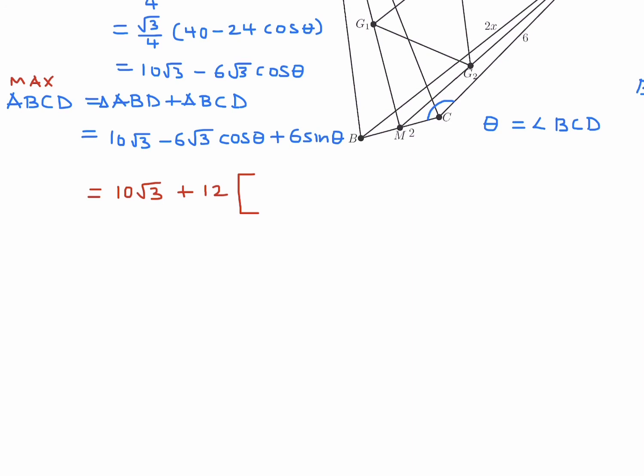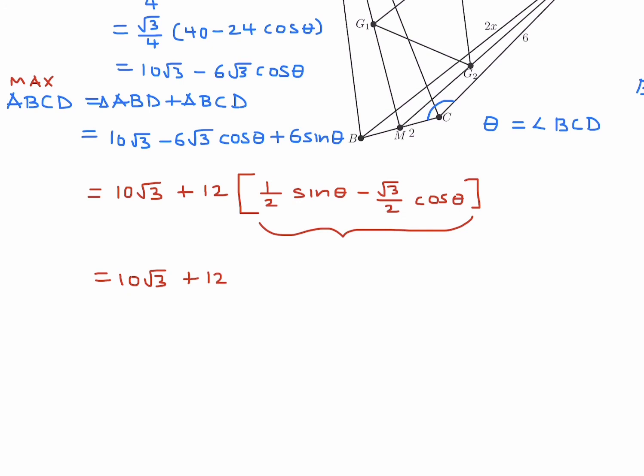This becomes 1/2 sine theta, and then this part would become minus root 3 over 2 cos theta. And this is a trig identity. And some of you may know it, some of you may not. It is sine of theta minus 60.